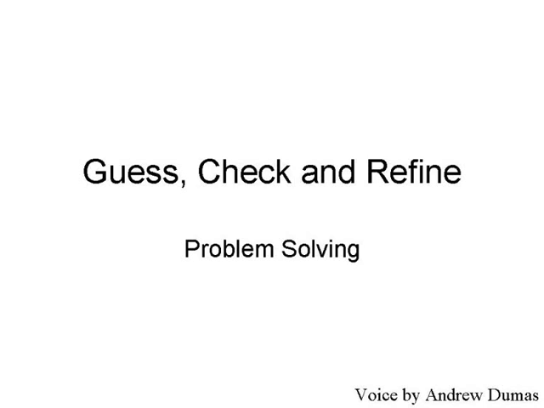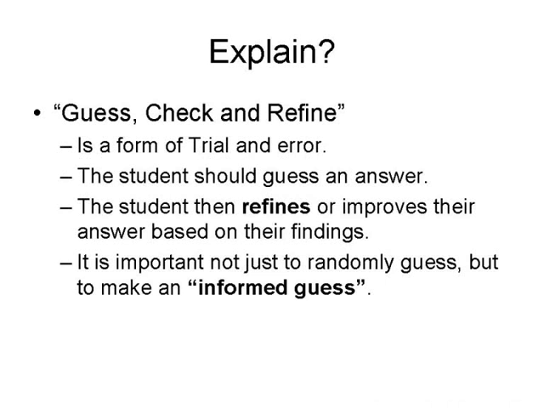The next strategy we're looking at is something called guess, check, and refine. And so what we'll be doing is guessing. Okay, so what's guess, check, and refine? The first thing is it's a form of trial and error. We're trying something out, we're trying to see if it works, but maybe it doesn't. What you need to do is guess the answer, but you have to remember to refine or adjust to improve your answer based on what you find.